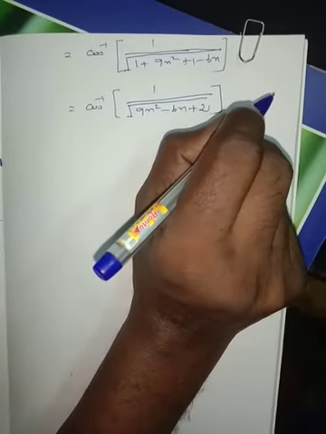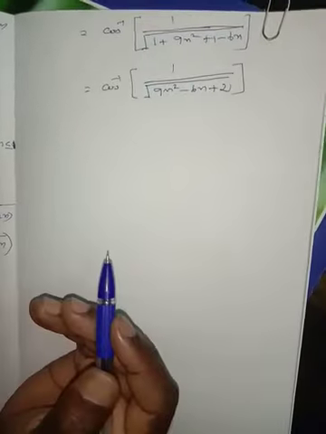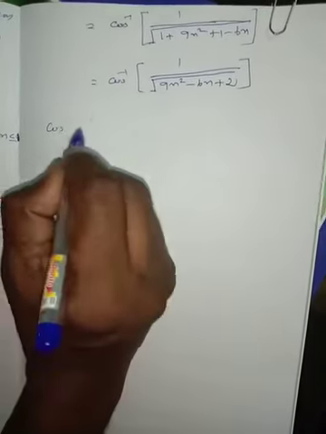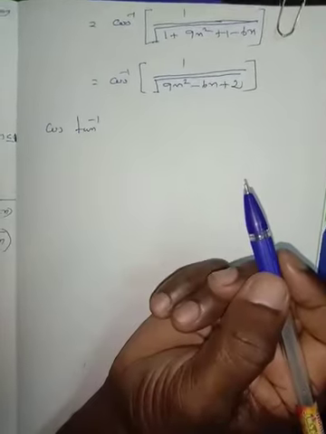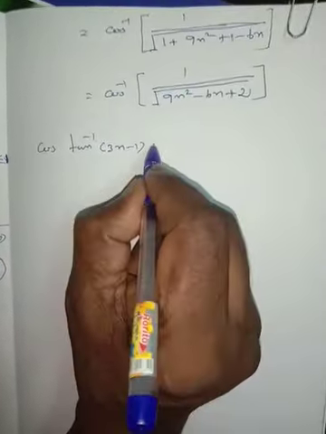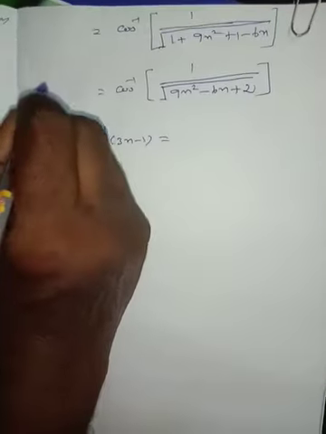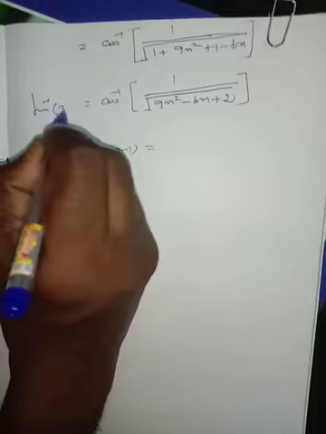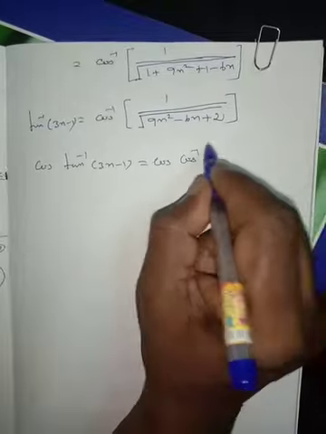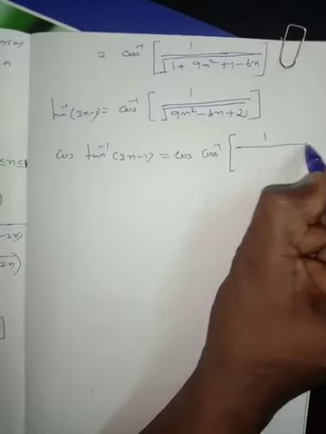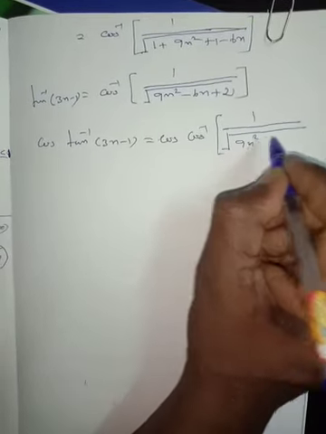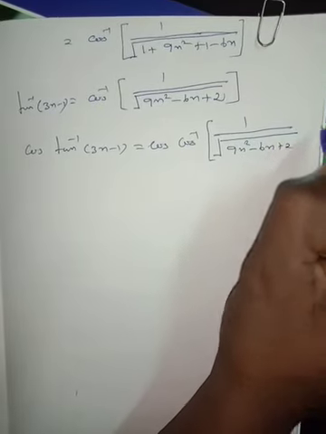Now the question is cos of tan inverse of 3x minus 1, is equal to, here tan inverse of 3x minus 1 is cos inverse of 1 by square root of 9x square minus 6x plus 2.